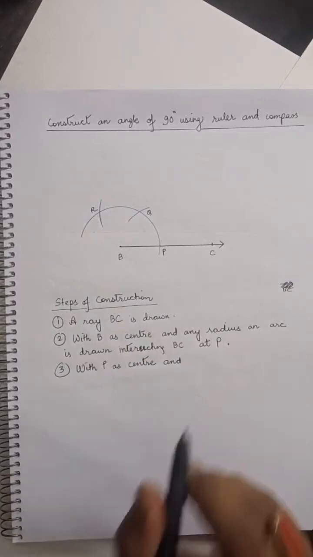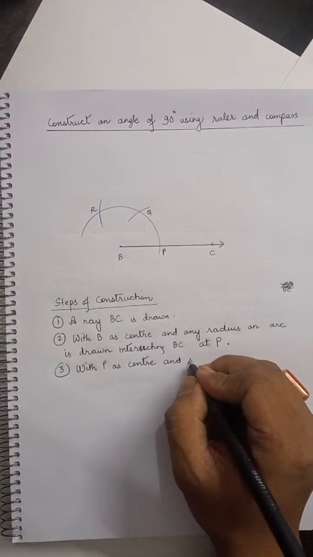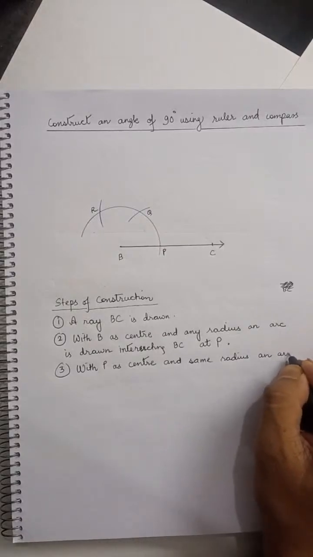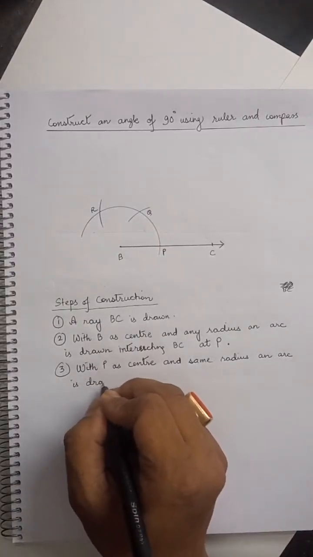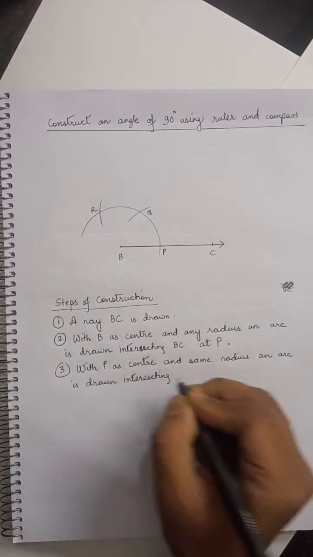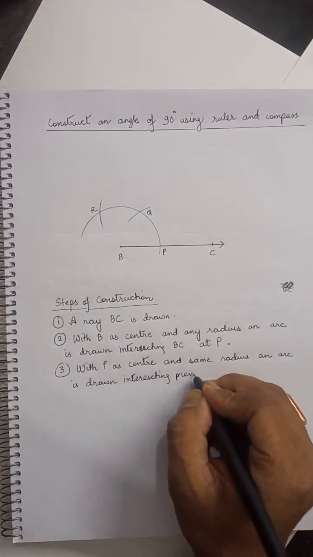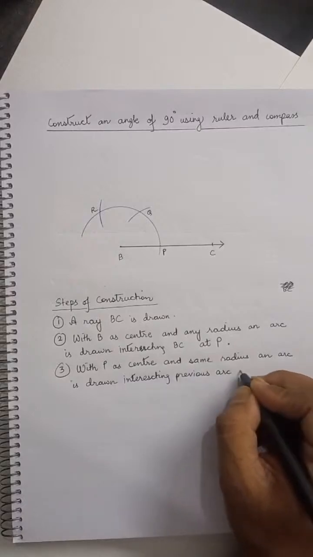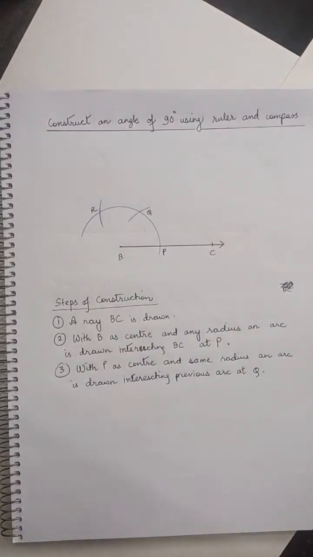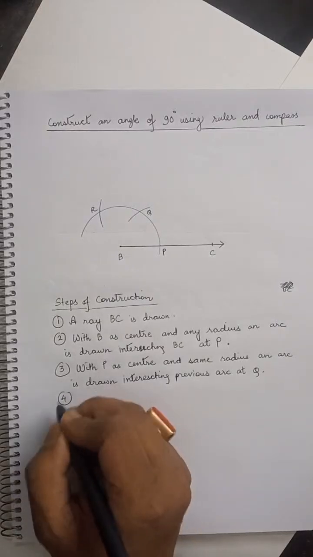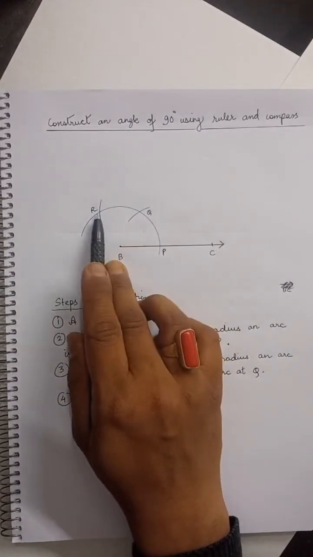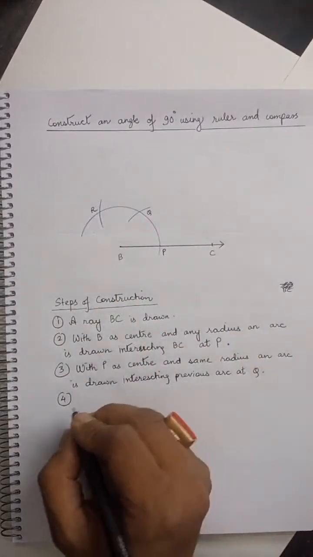With P as center and same radius, an arc is drawn intersecting the previous arc at Q. Then we place the tip at Q and we drew one more arc that intersected the arc at R. So we'll write with Q as center.